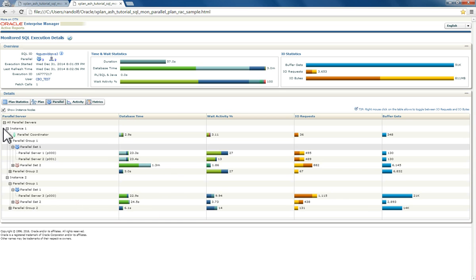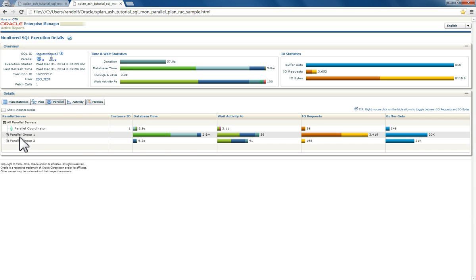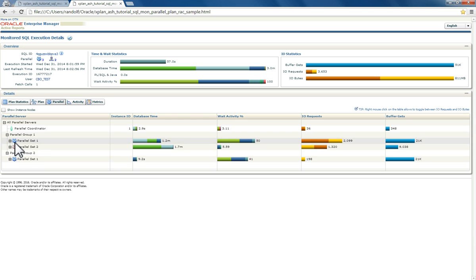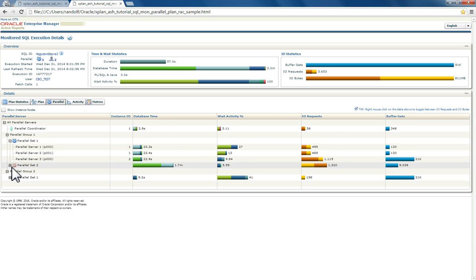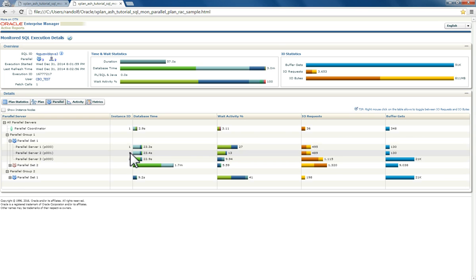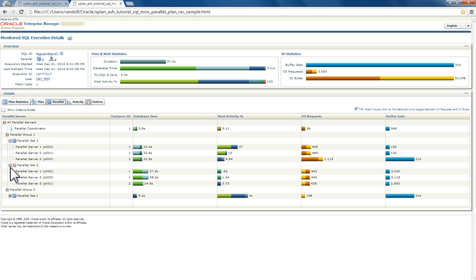But you can click on this show instance node information, and then you see that now again we have this organization like we have in Explain-Ash. So now we have this additional instance ID column, and the processes show up on set level.